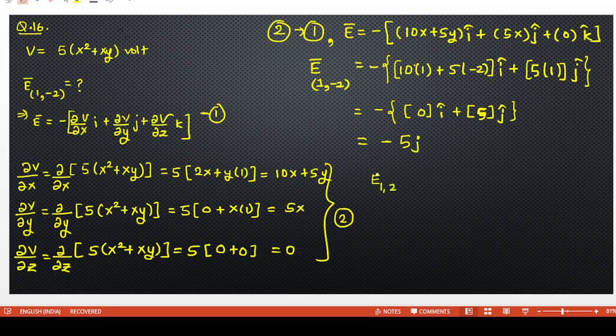Magnitude is 5 volt per meter and direction negative y. This is the electric field at that particular point, 1 comma minus 2.